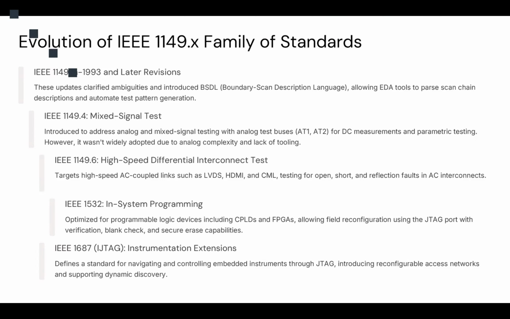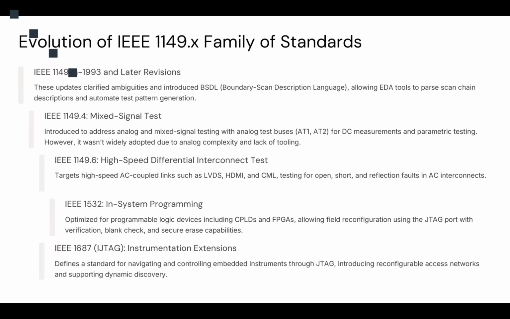But the first version was a little ambiguous in its definitions and terminology, and it didn't precisely define the testing practice and the architecture, so they needed to revise that. There was an amendment to that standard that clarified all those terminologies and ambiguities and gave us a very solid definition for all the critical components of boundary scan testing.